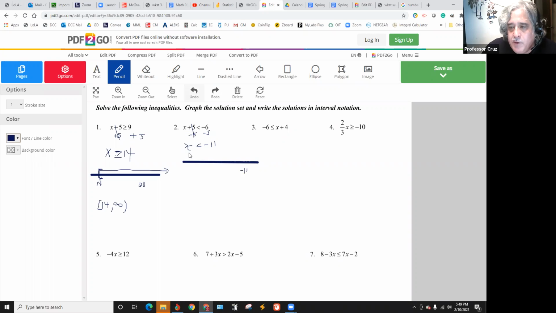It doesn't matter what you put down there, but I'm just going to put something to give it some perspective. So anything less than negative 11 is going to be a solution to this. So what I'm going to do is put a parenthesis there. And then my line is going all the way down to negative infinity. That's why my interval notation looks like this.